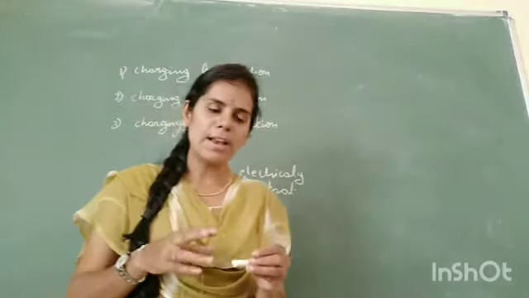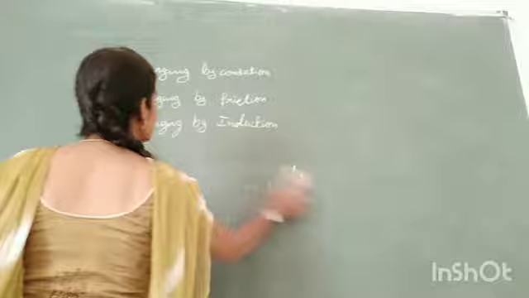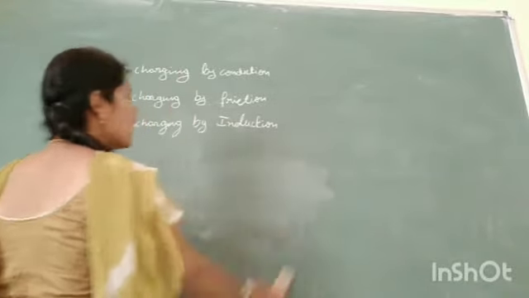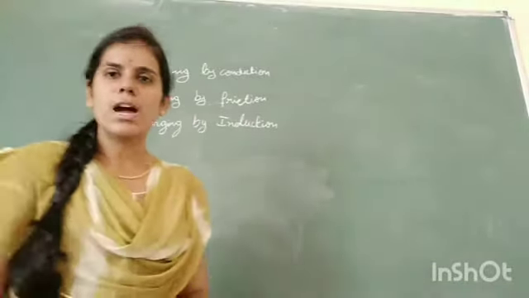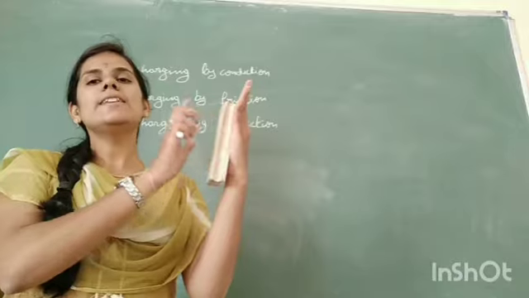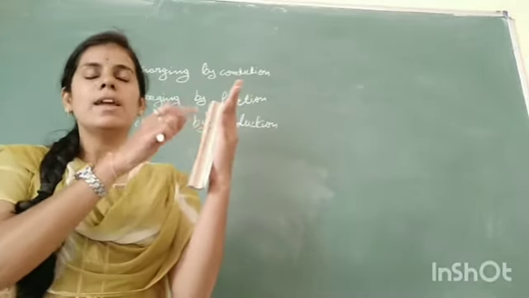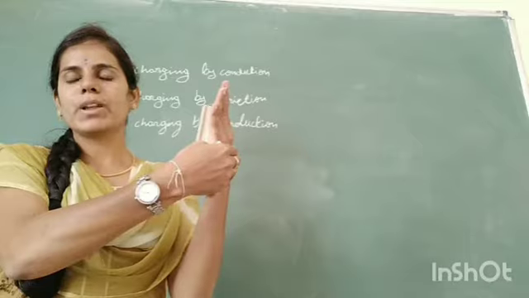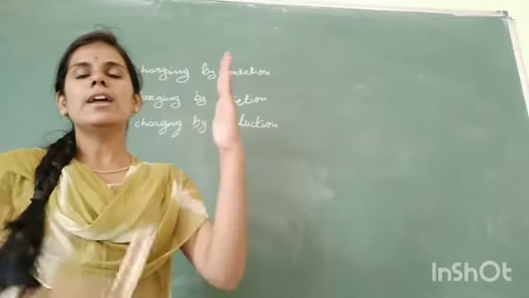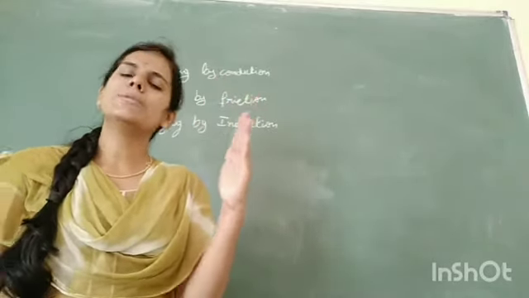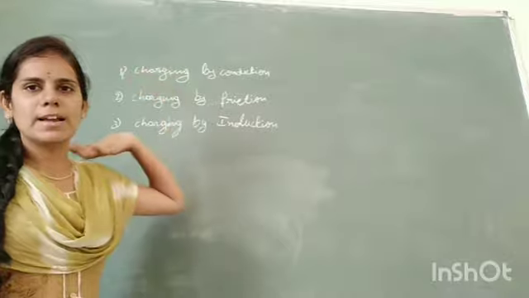Then what is charging by conduction? Charging by conduction is whenever a charged body is brought in contact with an uncharged body. The charges present in this system transfer to the other system, such that the uncharged body also becomes a charged body. This is called charging by conduction.